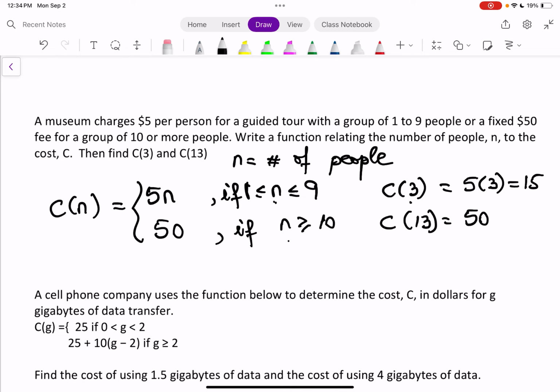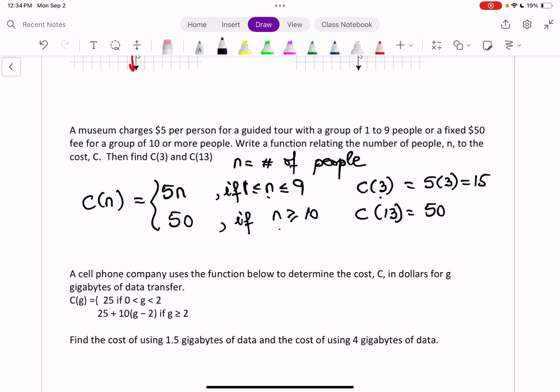Flat fee. Okay, so that's really when we use piecewise defined functions, when the definition or the rule that makes up this relation between two unknown quantities changes, yes? My two quantities are number of people and the cost, right? So we change the rule, and so it has two different types of definition depending on what n is.